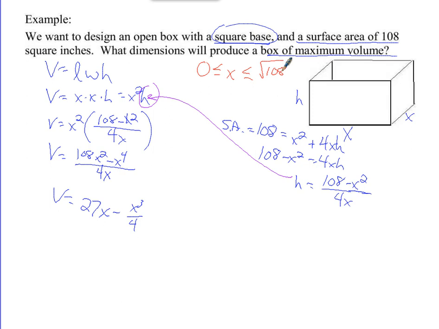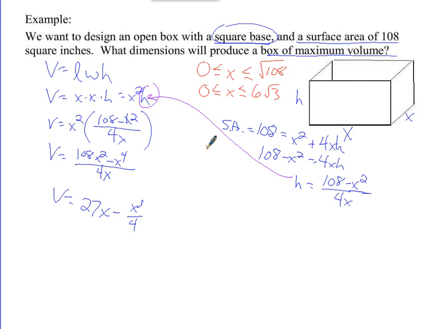Make sense? Okay. So then we can simplify that 108. There is a perfect square that goes into that. 36. 36 times 3. The square root of 36 is 6. So 6 root 3 is the feasible domain.